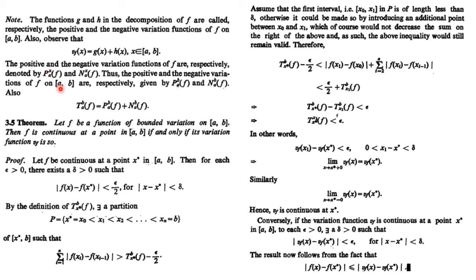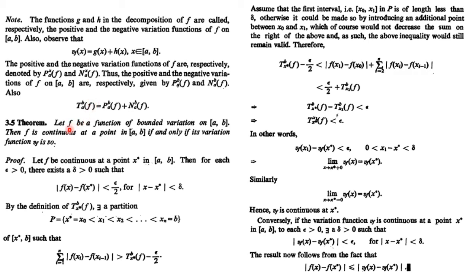So in particular, if our x is b, then the positive variation of f is denoted by P of f over AB, similarly N of f over AB. And this can be easily seen that the total variation is nothing but the positive variation plus the negative variation of the function f over the interval AB. So this is a relation between the positive and the negative variation of the function f.